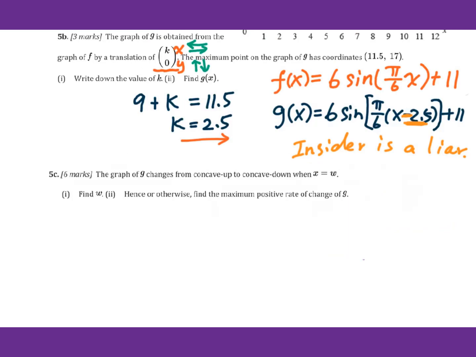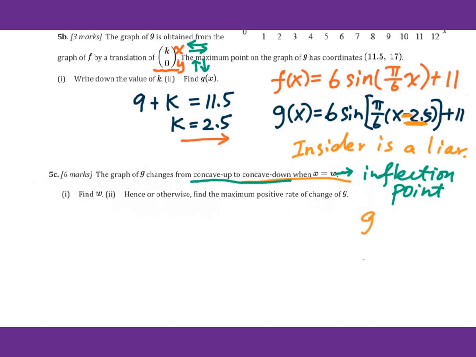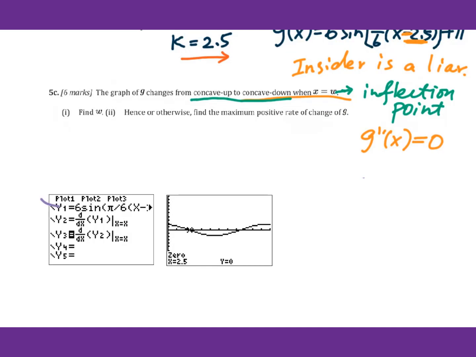Now let's go to 5c. The graph of g changes from concave up to concave down when x equals w. Find w. Since at x equals w, it changes from concave up to concave down, that means this w is an inflection point, which means the second derivative equals 0. Now we put y1, that's g of x.